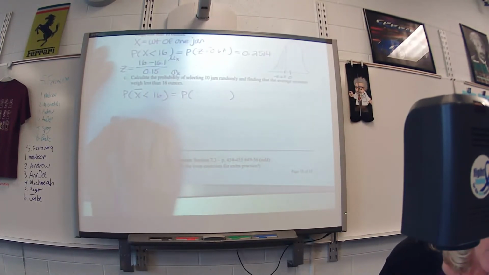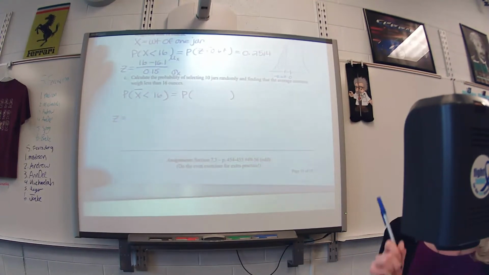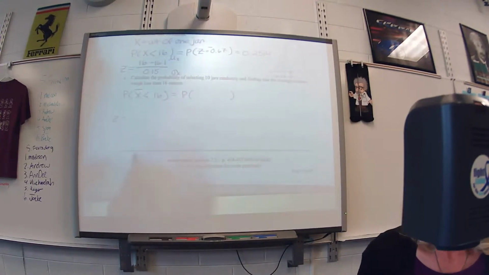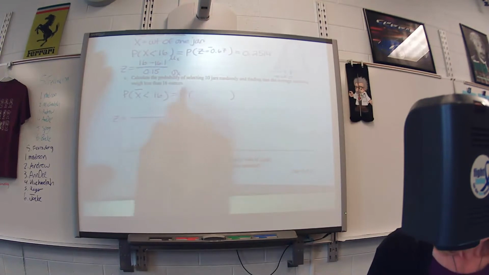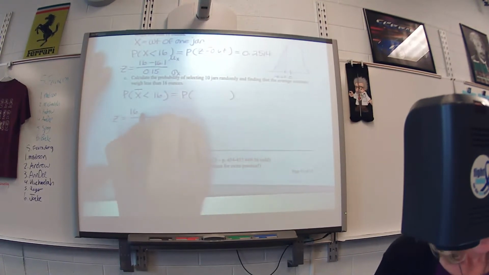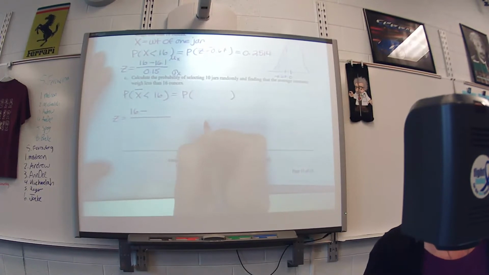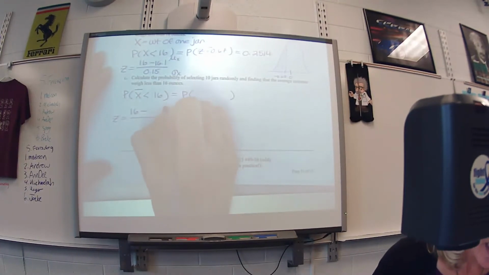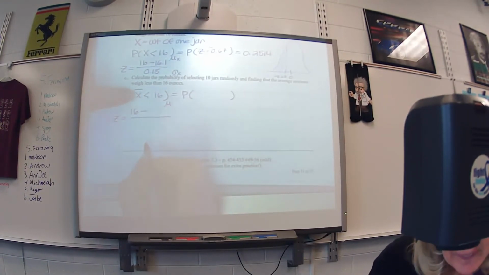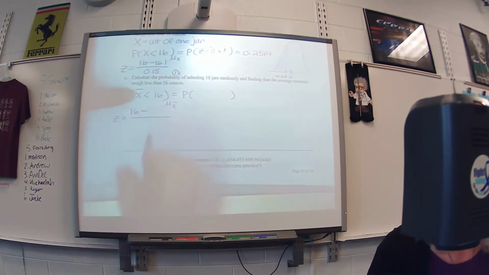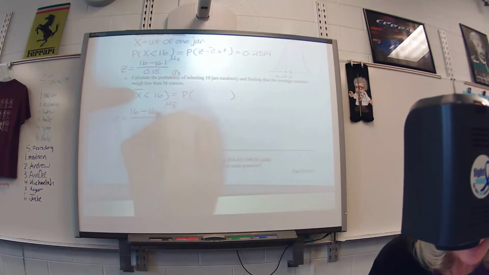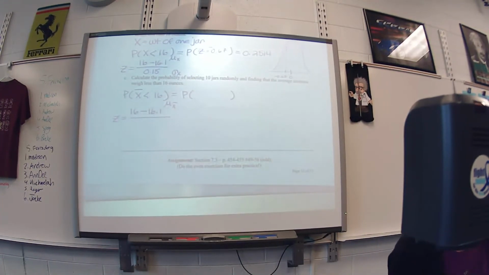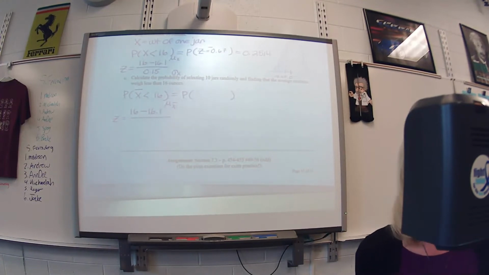Here we go, though. This is where the new formulas come in. I'm trying to convert the 16. I definitely have to subtract a mu, but this time it's mu sub x bar. That just happens to be the same, 16.1, because mu sub x and mu sub x bar are the same based on the first formula.